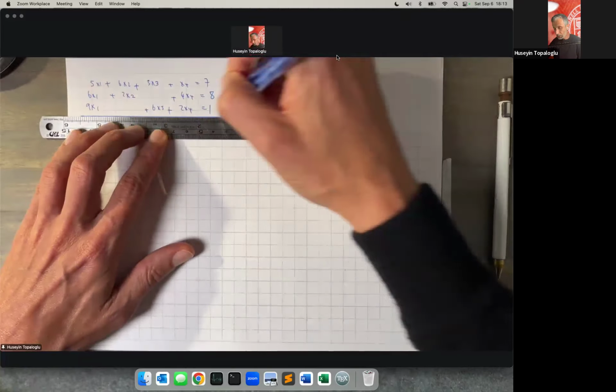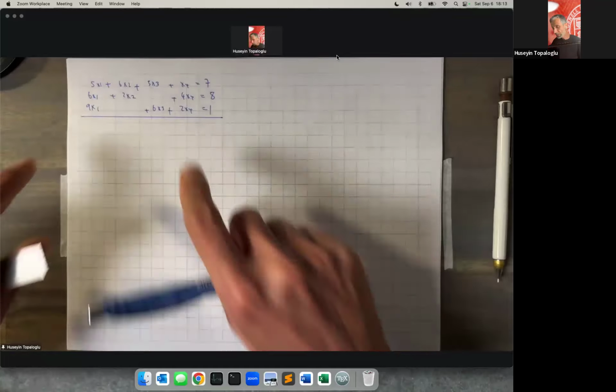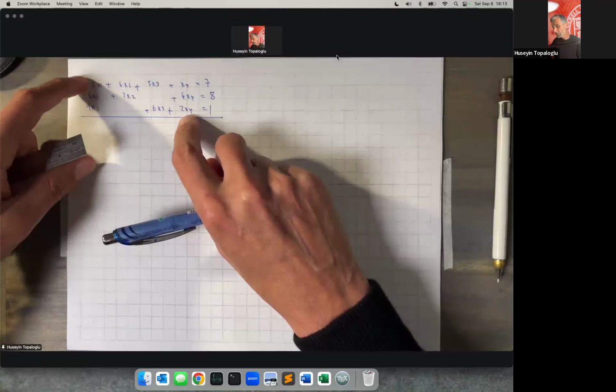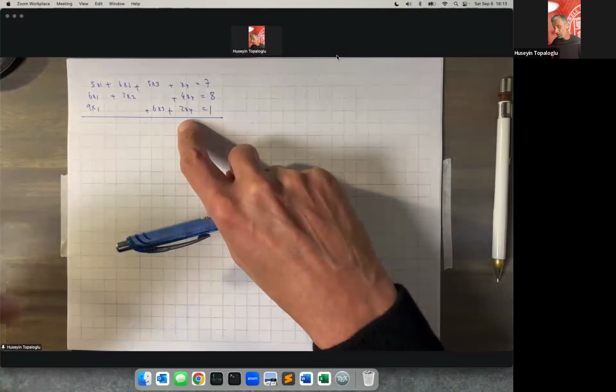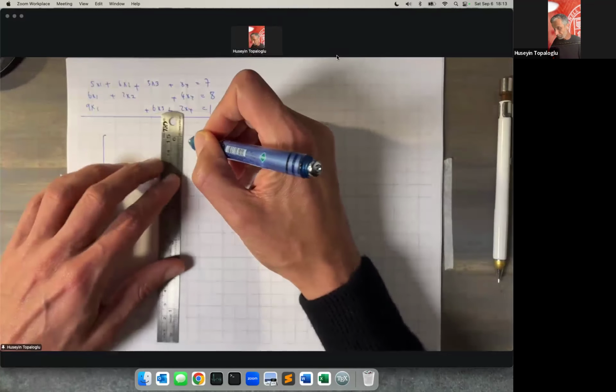And let's represent the system of linear equations in matrix notation. So what we're going to do is take the coefficients of my variables and put them into a matrix. And I have 3 equations, 4 variables. So I'm going to need a 3 by 4 matrix.